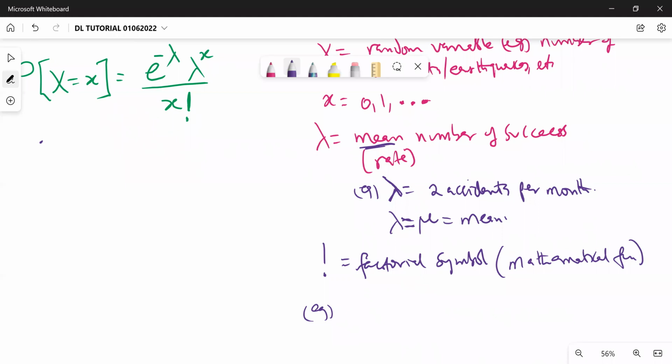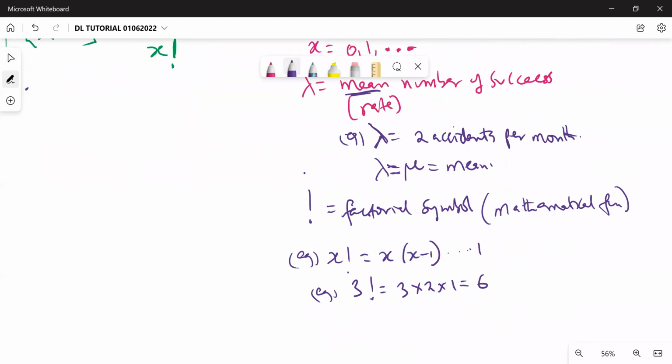If you're given a number x factorial, this is the same as x multiplied by x minus 1. You continue all the way to times 1. E.g., if you have 3 factorial, the same as 3 times 3 minus 1, which is 2, times 2 minus 1, which is 1. So the answer is 6. If you have a number like 5 factorial, the same as 5 times 4 times 3 times 2 times 1.